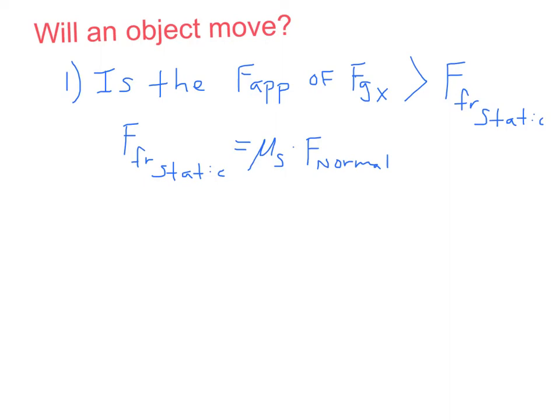And so we can say, I'm just going to abbreviate this to F static so I don't have to write friction, if the force of friction static is greater than Fg of x, or some applied force depending on your situation, then what we'll have is no movement.